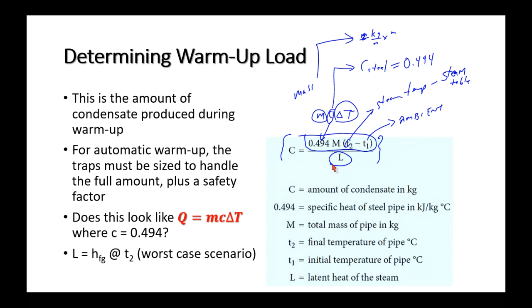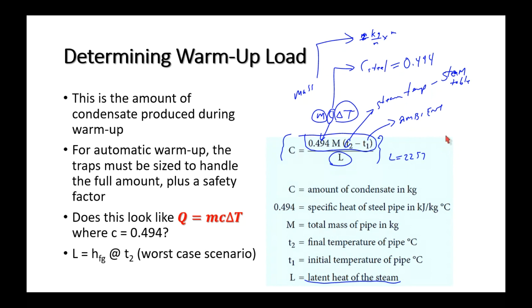Now, L is in the denominator, and L is the latent heat of the steam. And so you go, well, what do we use for L? Do we use L equal to 2257? Because that's what it is at ambient, and we're warming up. We're doing this warm-up load at 101.3 kPa, which we're going to assume is the absolute pressure inside of the pipe as we're warming it up.